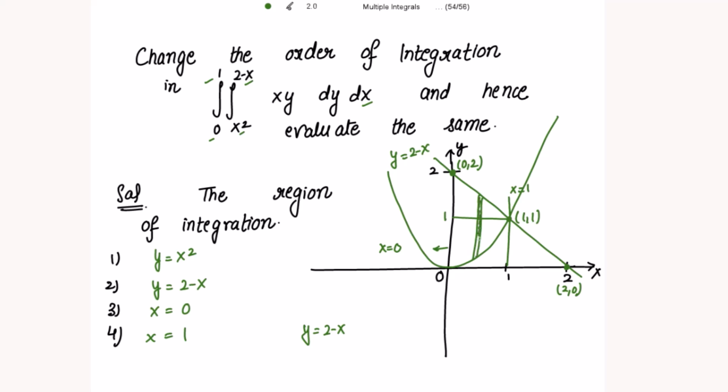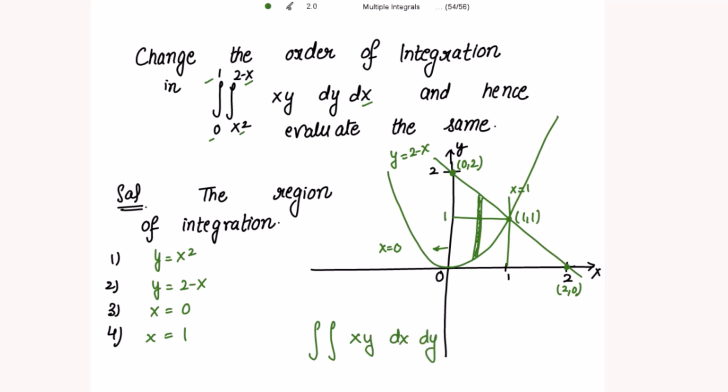This is for the given double integral. Now because I have to change the order of integration, this strip will also be changed to a horizontal strip. Changing the order of integration means I need to first integrate with respect to x and then with respect to y.